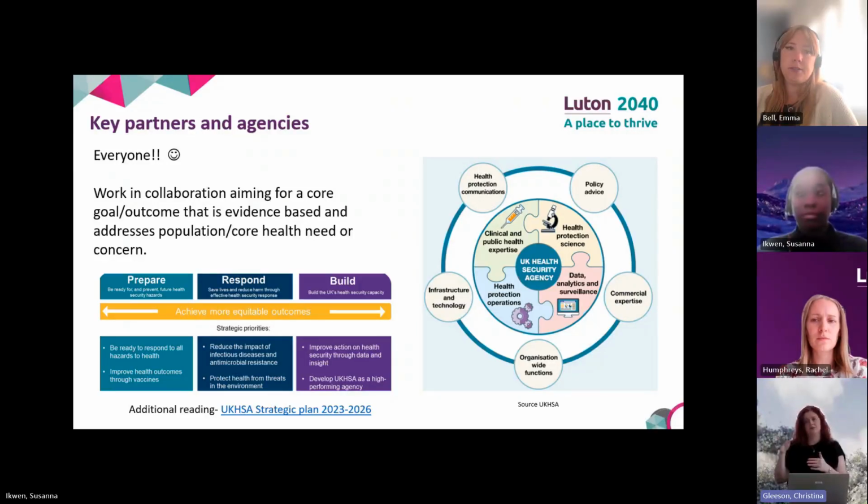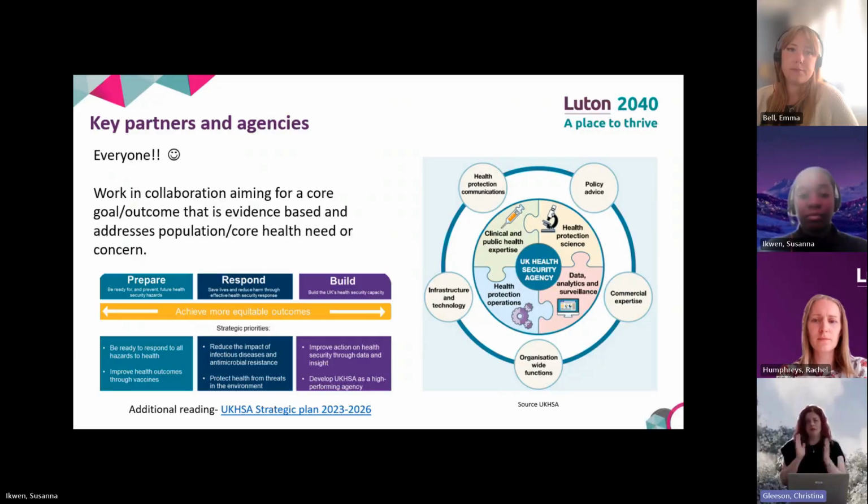And then from a local level, it's when we have a really complex situation or need a multi-agency response to get together to either do a look back or to manage an ongoing situation, but we just need to get everybody around a table essentially before we take that on.